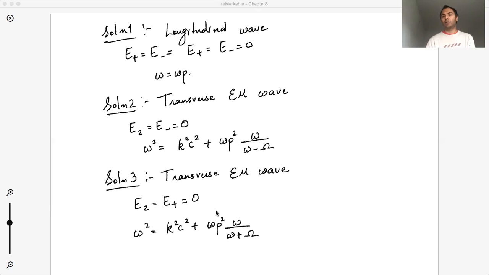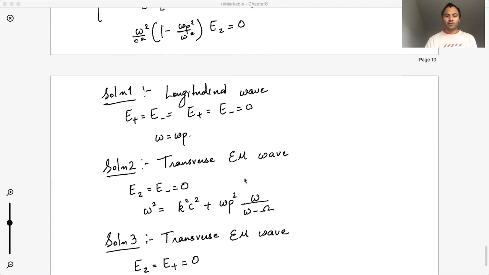So it turns out that if you have left and right circularly polarized waves, which are traveling with different phase velocities, you'll show in class that the net effect of that is to rotate the plane of linear polarization. So we'll do a problem in class which will make it obvious. But just know that this is what is called birefringence or Faraday rotation.